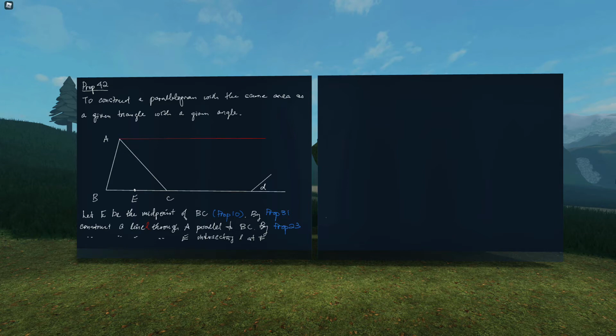Cool. Thanks, Dan. So I'm going to draw a line through E intersecting L at F, and such that, well, the sentence is incomplete, but I'll draw the line first so we have something to look at.